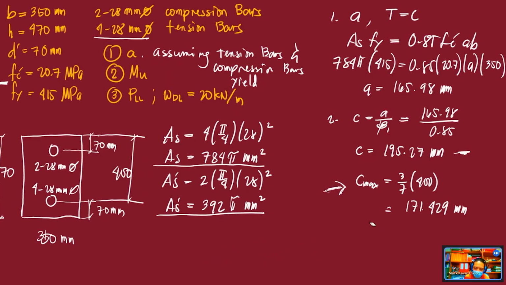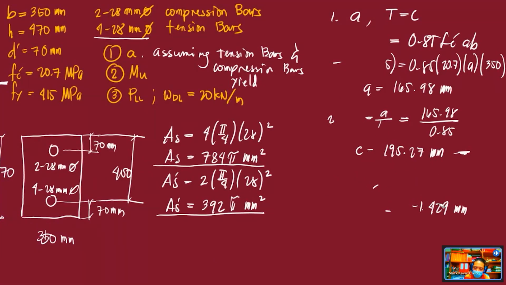So what will you do? You found out your assumption was wrong, so you go back to step number 1. It means it is doubly reinforced. Obviously this is doubly reinforced, even in step number 1, assuming the tension bars and compression bars yielded.